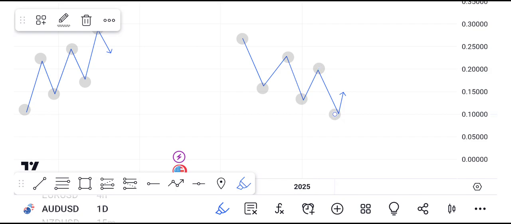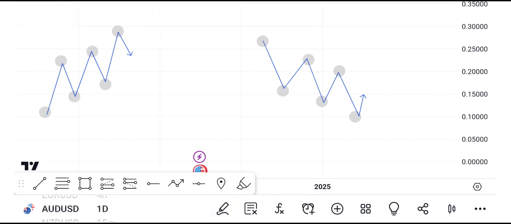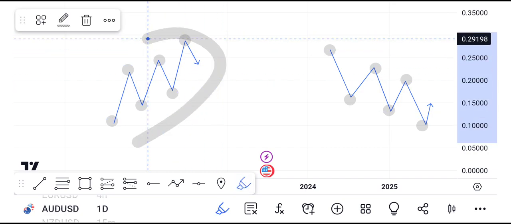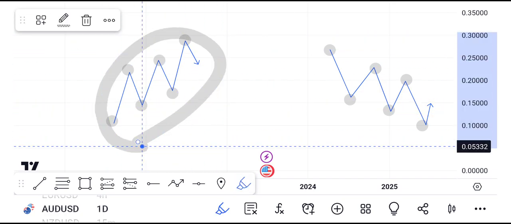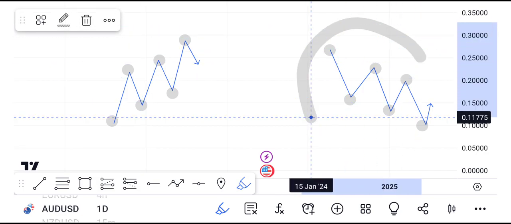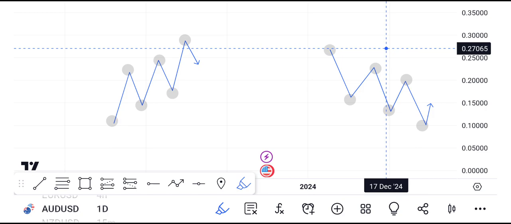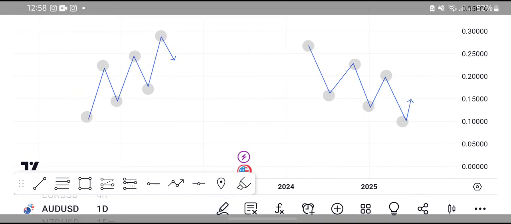So we are moving in a series of lower lows and lower highs on this one, and in a series of higher highs and higher lows on this one. Don't get it twisted, guys. Always remember that.